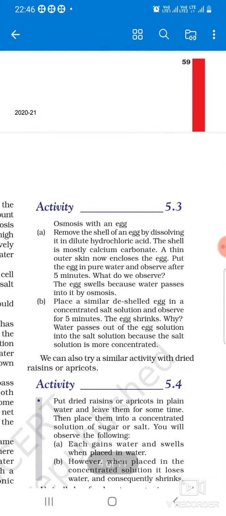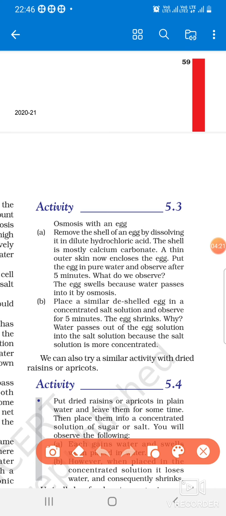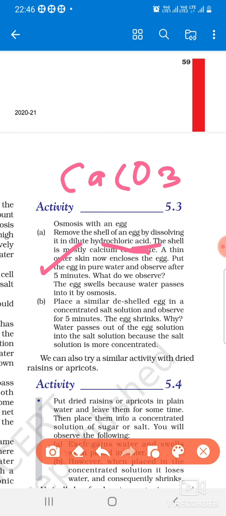Now here is one more activity: osmosis with an egg. You have seen that an egg has a hard covering, and that hard covering is made up of calcium carbonate. Remove the shell of the egg by dissolving it. We do not have to break the egg, we will keep the egg in hydrochloric acid.